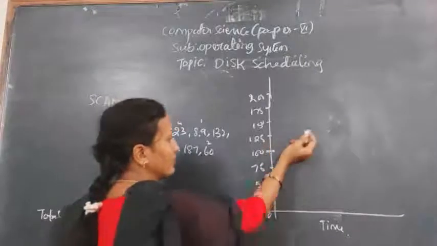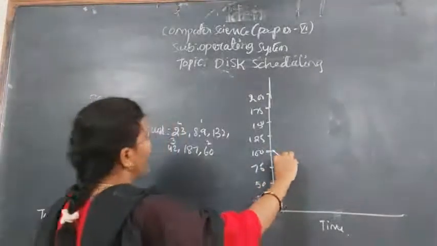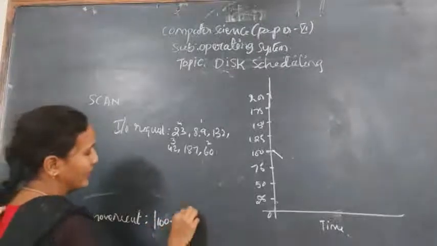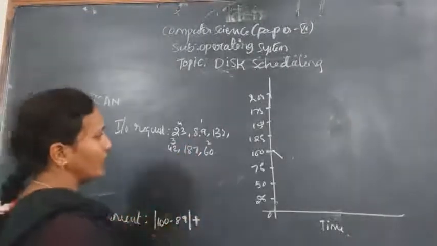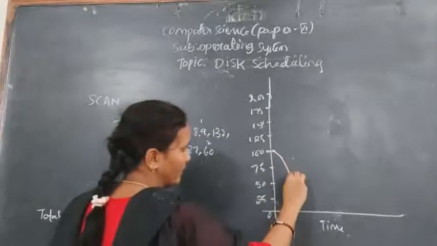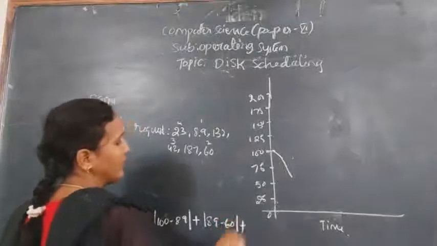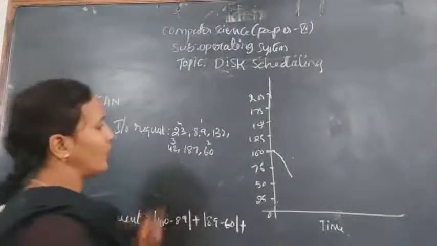Next, from 89: 100 minus 89, plus 89 to 60. Again 89 minus 60, plus 60 to 42.